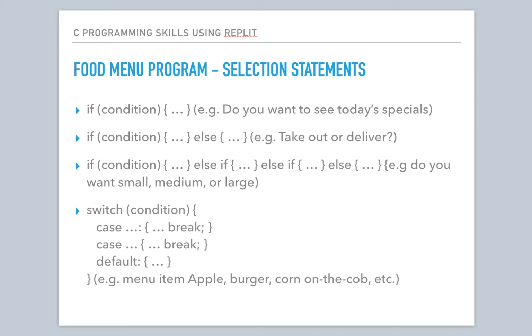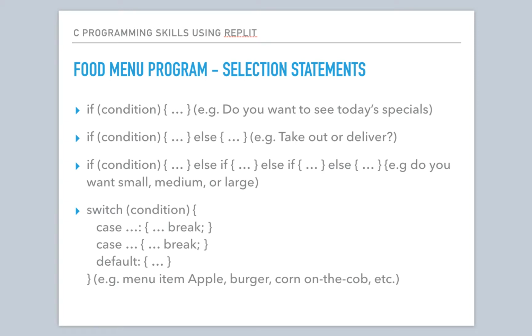The last one you see, and this one you see quite often, is called a switch statement. In the switch statement, you literally do what's called a switch based on a condition. Let me give a simple case. You may have a menu item, like we'll have in ours, where you can select, and if you press the letter A, you select apple. If you select B, you select burger.